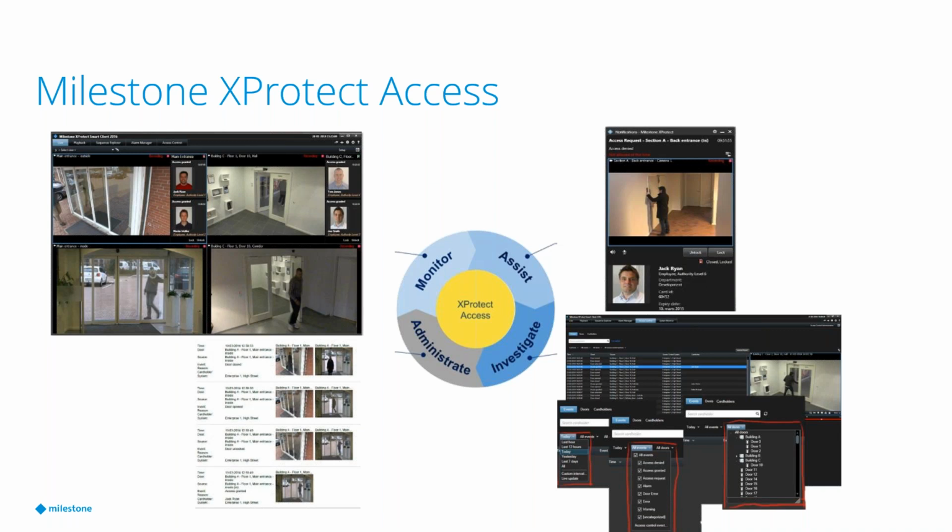So for instance, if it's an access denied event that you've received, what are the standard operating procedures, whether you need to inform your supervisor, send out an email to your supervisor, or inform your manager about it. All that can be automated with our rule engine inside Milestone, and then you can really customize and implement your operating procedures the way you want.